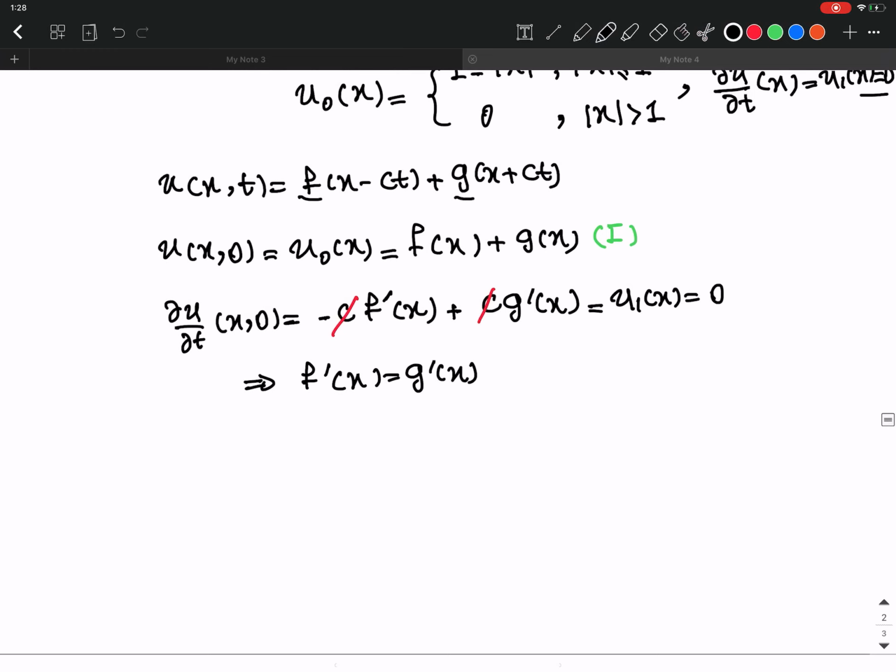And now I'm going to take the integral with respect to x from both sides.